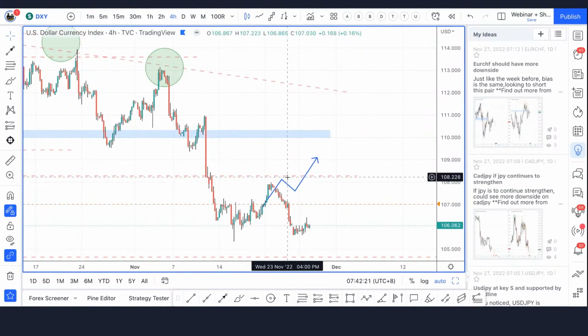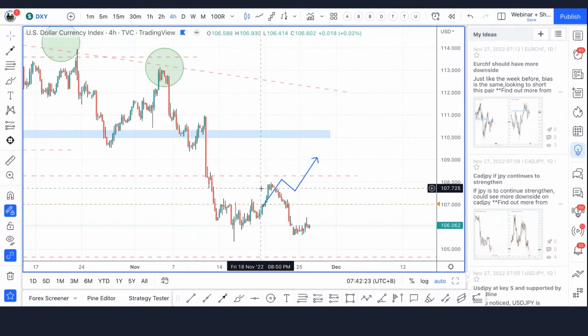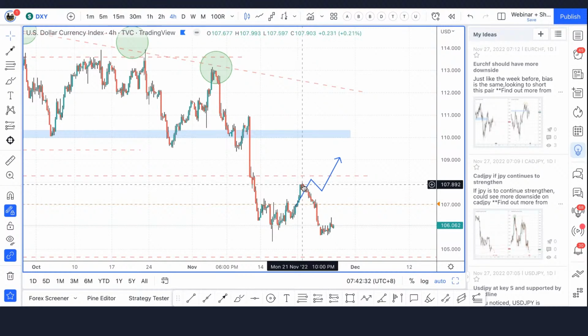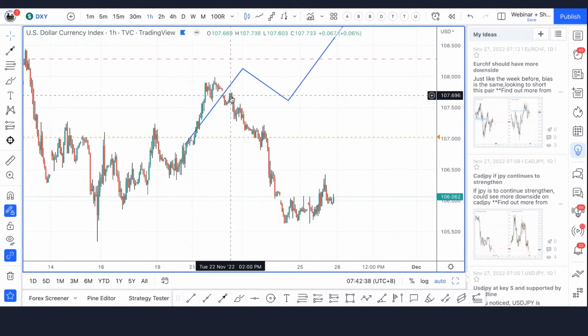That is a signal for you to take a look at. Let's say on Monday you went long, and the price is stalling sideways, and especially if you go down to the 1 hourly, maybe you will see something like a double top.